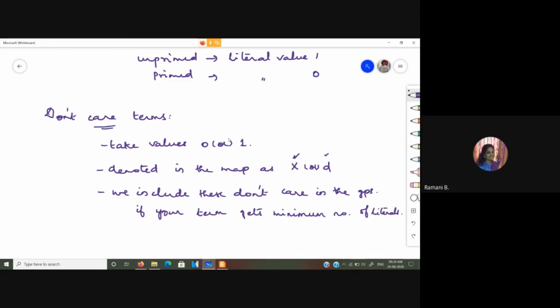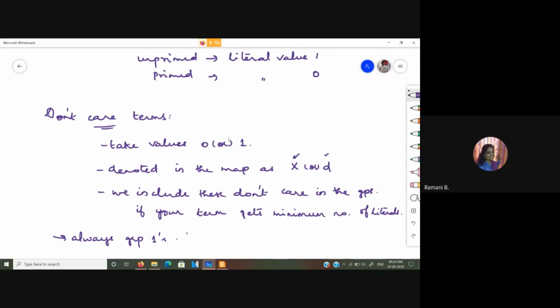In that case alone we will be including this X. Our aim will always be to group ones in case of SOP and zeros in case of POS.